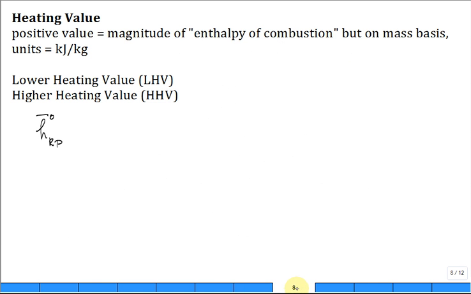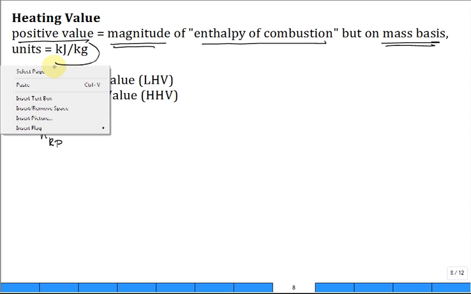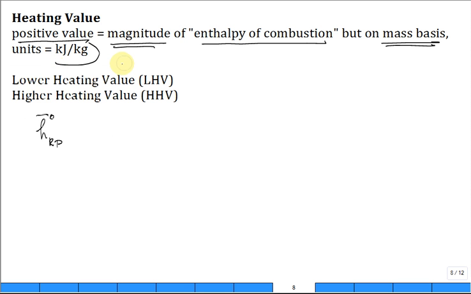Now we talk about a heating value. We like to work with positive values indicating the magnitude of the standard enthalpy of combustion, and we have it on a mass basis, not on a molar basis. So we're looking for a positive number for how much heat is released in the combustion of that fuel.